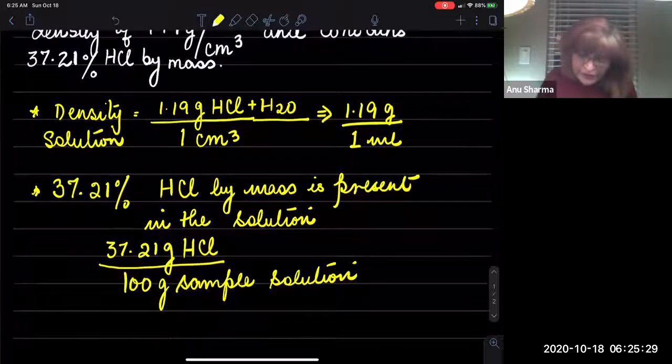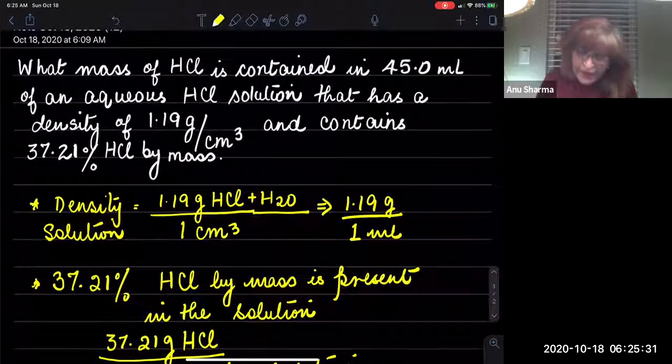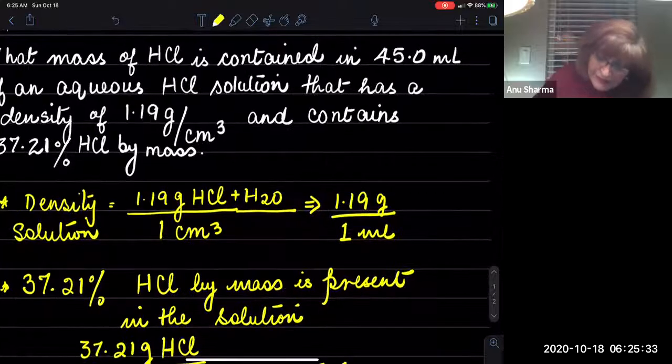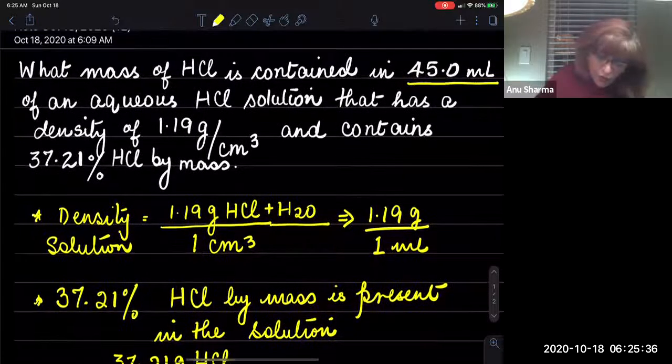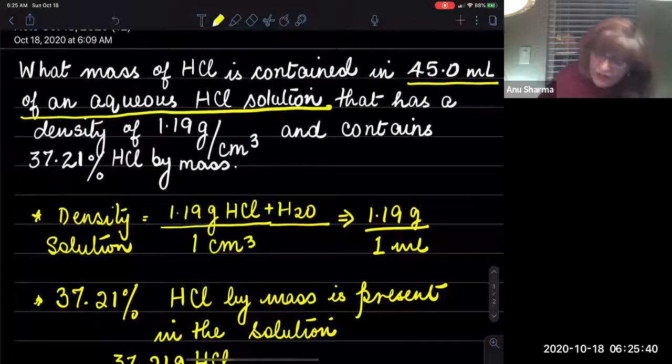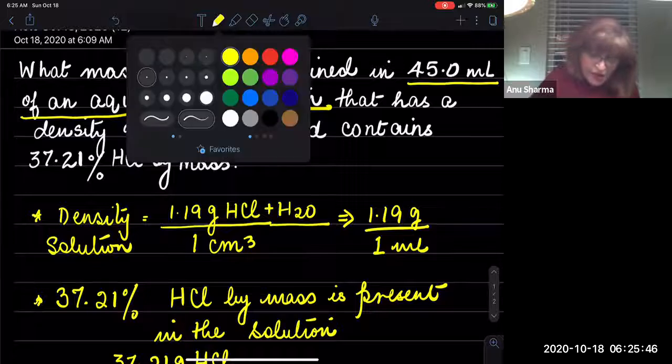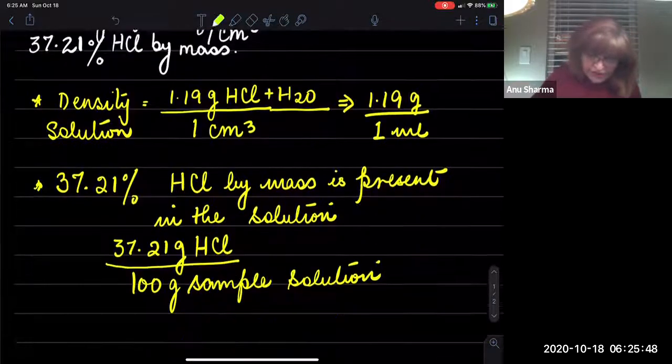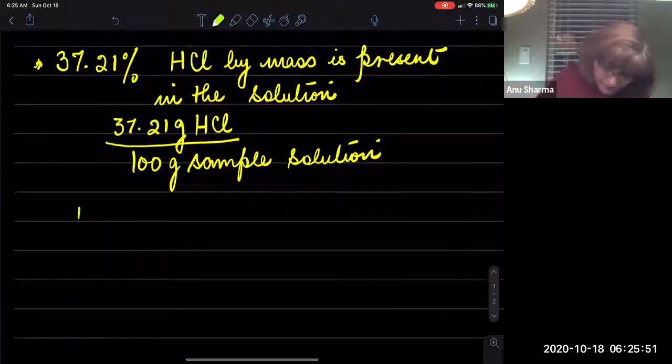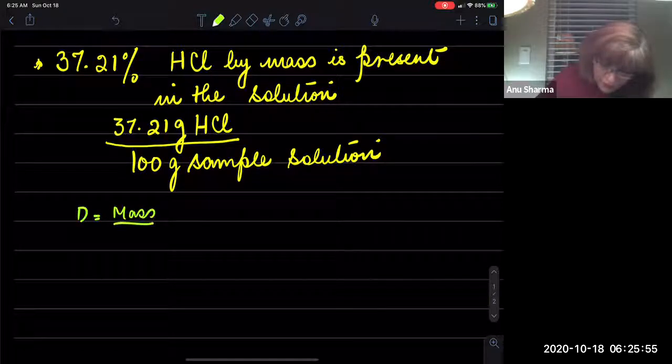So that's one thing. Next is we are given 45 ml sample of HCl solution. So mark this, it is the HCl solution. So in this HCl, now here's the thing, you can use the density. Density is mass over volume.